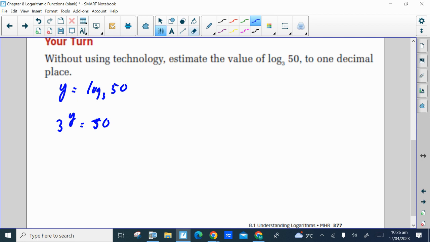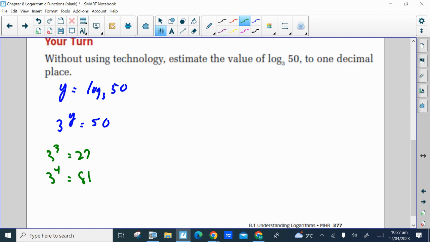The exponential form will be 3 to the power y equals 50. So we know that 3 cubed is 27. We know that 3 to the fourth is 81. Our number 50 is between 27 and 81.